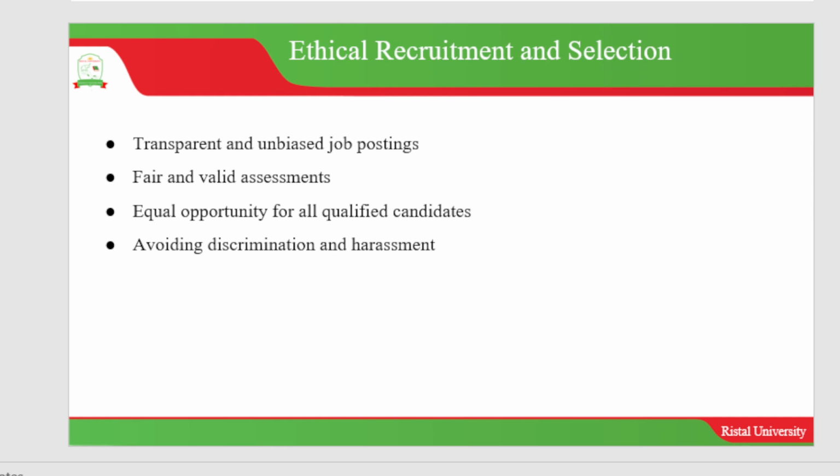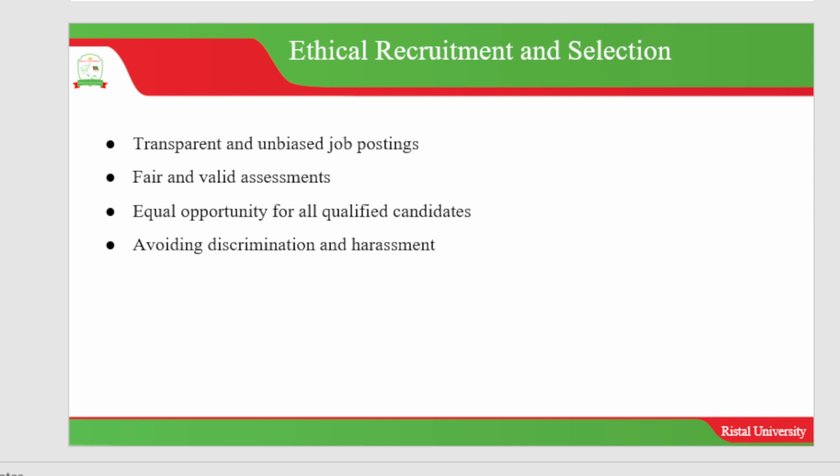You can take it to the public notice board whereby you can post there the job, and then start receiving the application for such opportunities. That's what you call transparent. Otherwise, do not only hide it and then give it to the people you feel they should be the one to be recruited. That's not being transparent, and that's also being biased. You are already biased. The recruitment exercise will not be transparent if you do that.